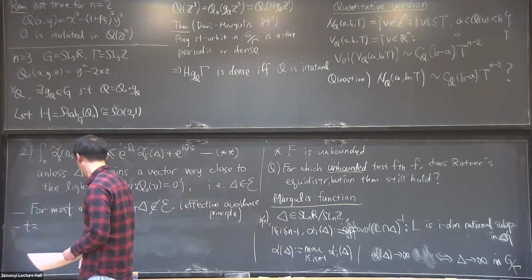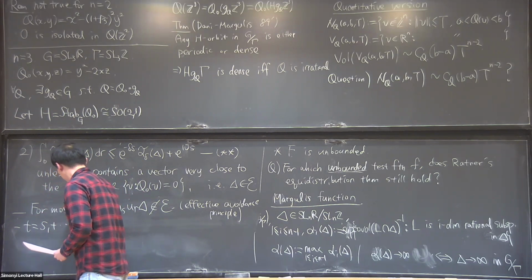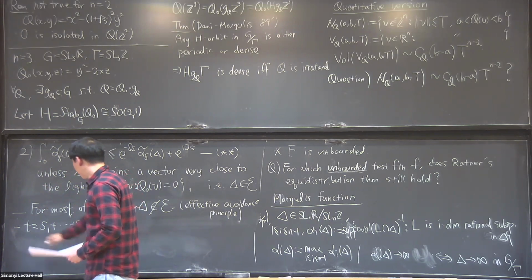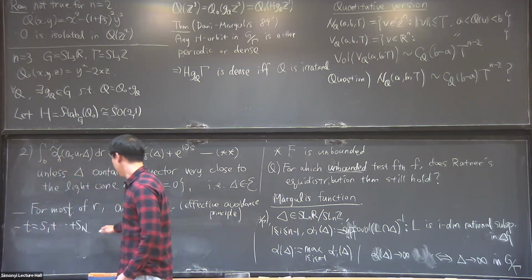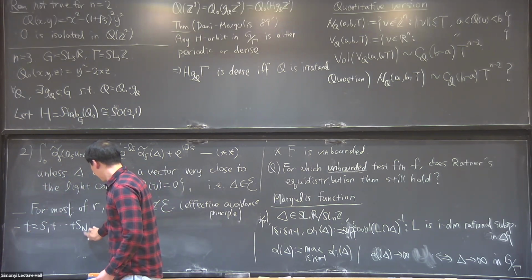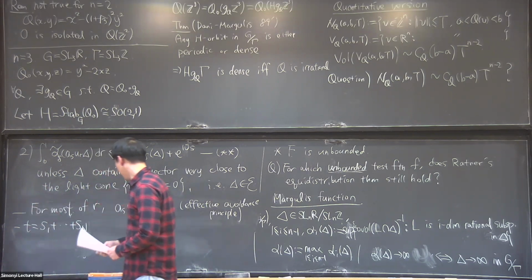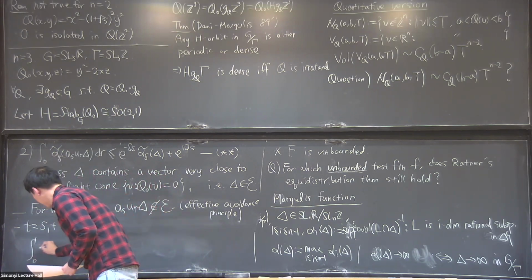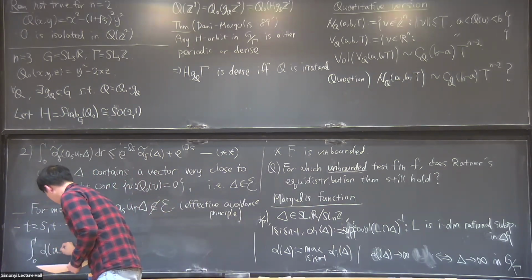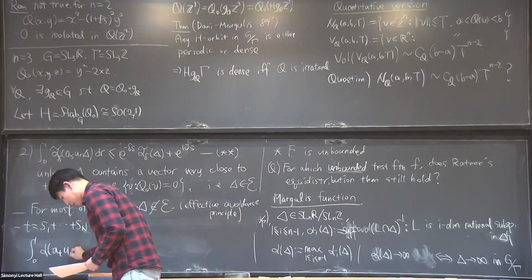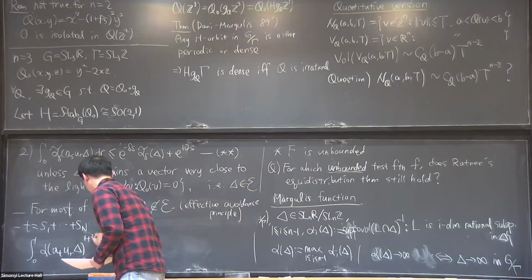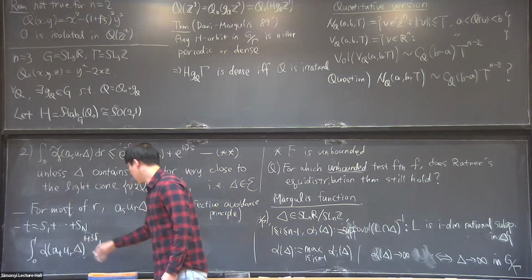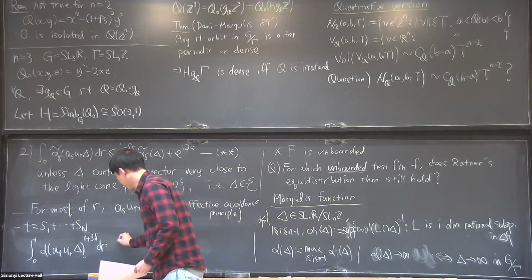So we divide the time t into many stable intervals from s_1 to s_n, and we want to bound the integral of alpha to the 1 plus 3 delta.